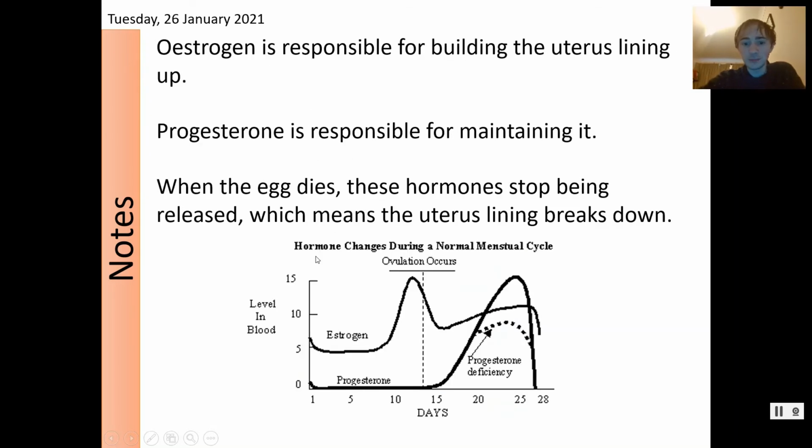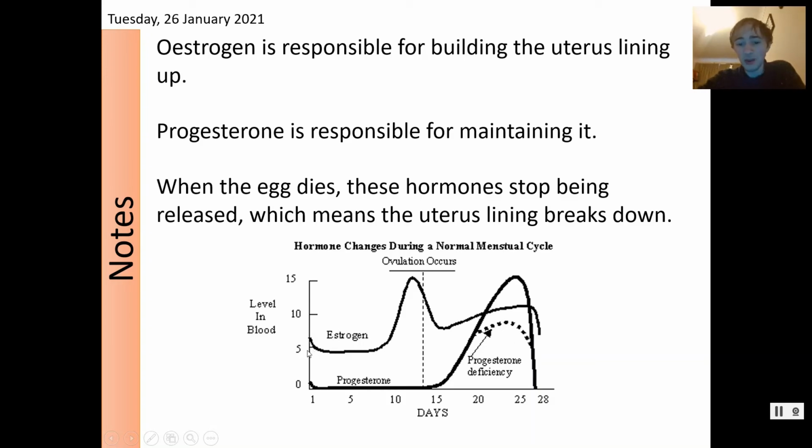And you can see on my little graph down here that estrogen kind of bumps along the bottom. Then around ovulation, it starts to go up massively, and that's what starts the uterus lining really ramping up. And then it slowly just bumps along, and it drops suddenly as we start menstruation.